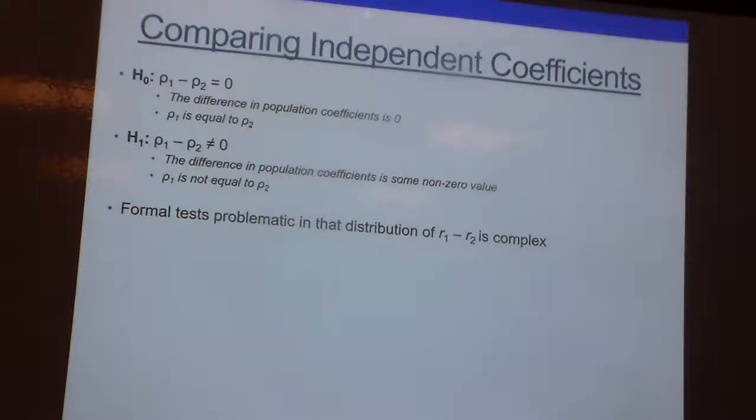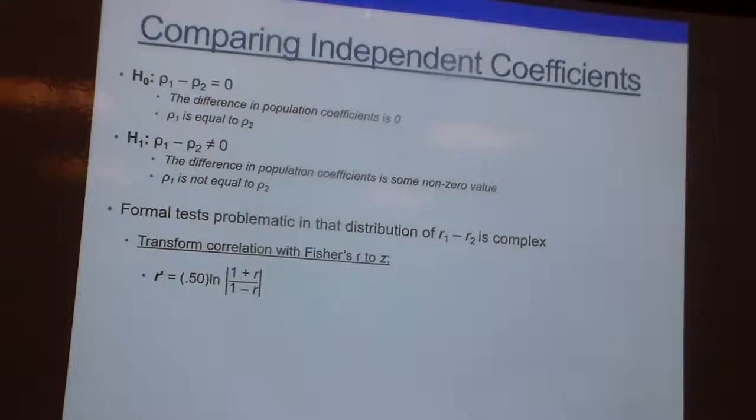Now the problem is that the distribution of r1 minus r2 starts to get complicated. It doesn't follow a nice clean distribution that we can know and then test against. So in order to perform a calculation like this, we take our coefficients and transform them using what we call Fisher's r to z transform.